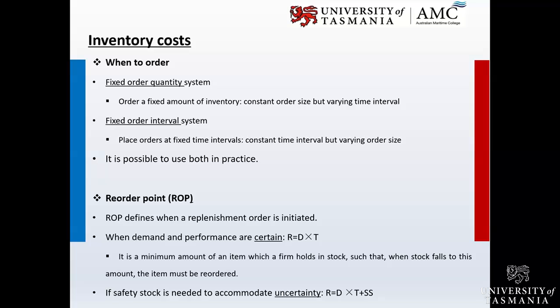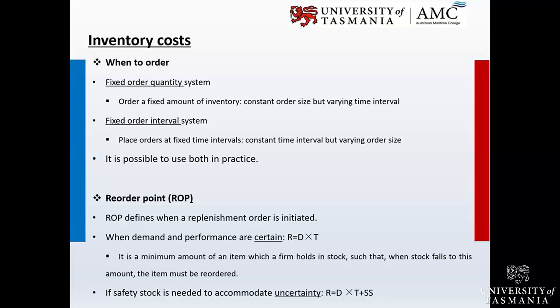If safety stock is needed, so if the demand and the performance are uncertain, you need to consider safety stock, and the reorder point equals daily demand times lead time plus safety stock.